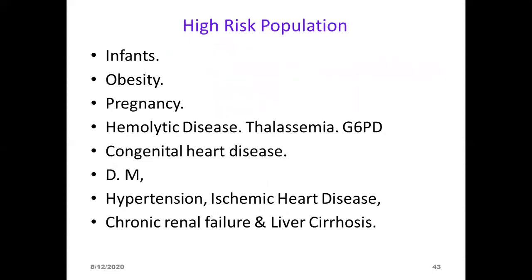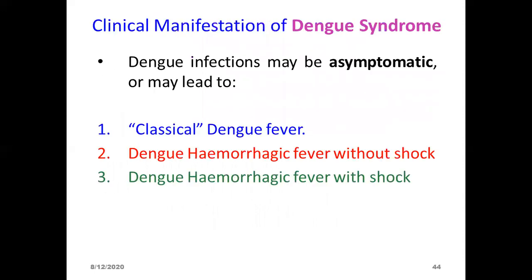The high-risk population includes infants, obese persons, pregnant women, persons suffering from hemolytic diseases like thalassemia, glucose-6-phosphate dehydrogenase deficiency, congenital heart disease, diabetes mellitus, patients suffering from hypertension, ischemic heart disease, chronic renal failure, and patients with liver cirrhosis.